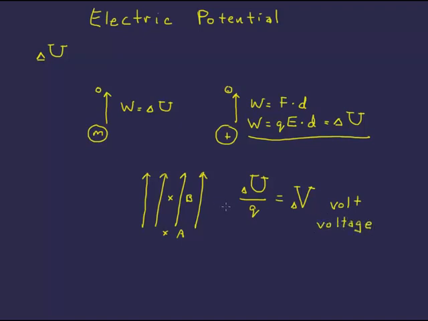So voltage is the difference between two points in space in their potential energy per charge. And this makes sense in electricity because there's a lot of charges involved. When we were doing gravity, we were dealing with chunks of mass. Here, we can be dealing with many, many, many charges. So it makes more sense to pull the charge out of it and talk about it in terms of just this voltage idea. Often we'll take that and write it as the change in potential energy equals the charge times the change in electric potential or voltage.